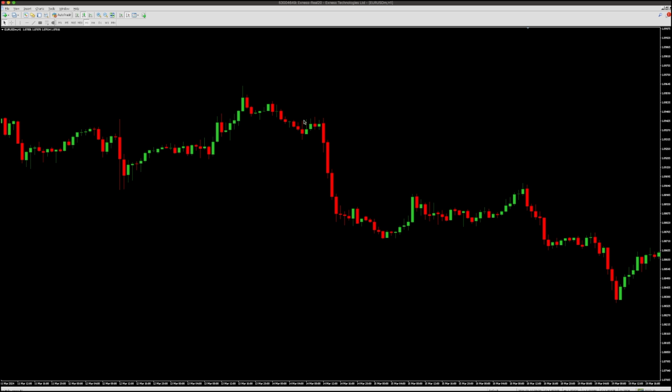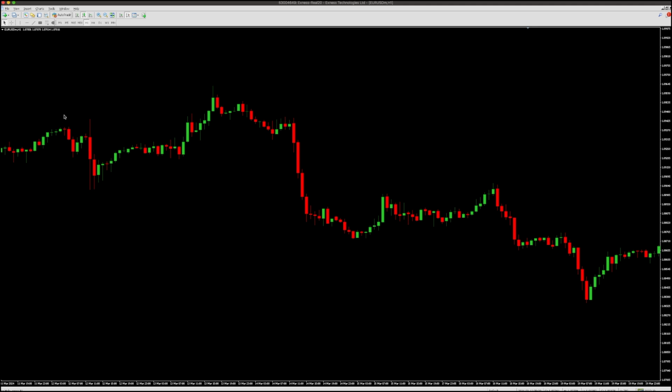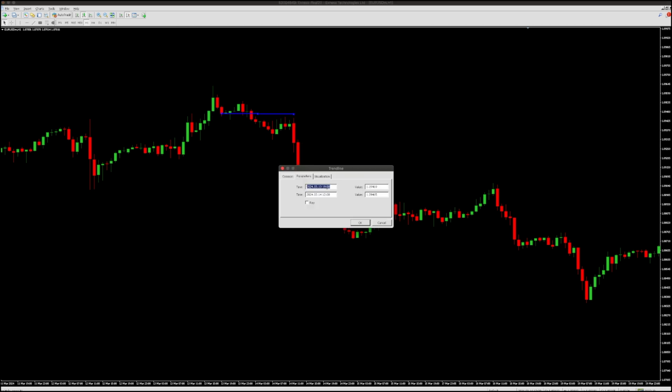So what I don't want you guys to do in stacking, for example, if you've entered your trade, let's say you've entered a sell at this point here in the market. Let me just change this to a color that is clear enough.